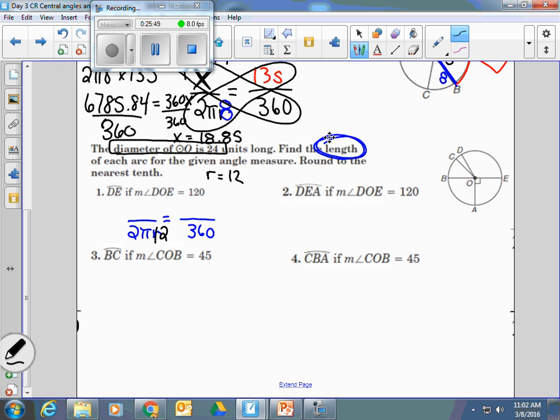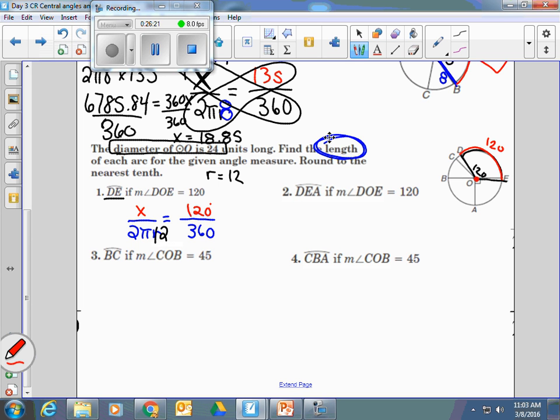Well, then they want me to find the arc DE. So I need to find out how big that arc is right there. It tells me that angle DOE is 120. Where's the vertex? In the middle. So how big is this arc right here? 120. Because it goes to the center, the arc and the angle are the same. So my degree right here would be 120 degrees. And I'm looking for the length, that's this one right here.